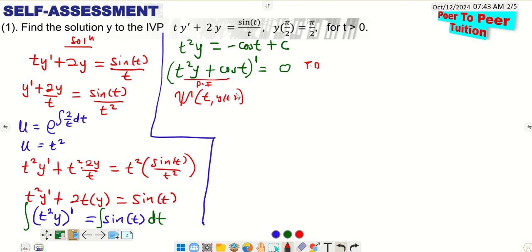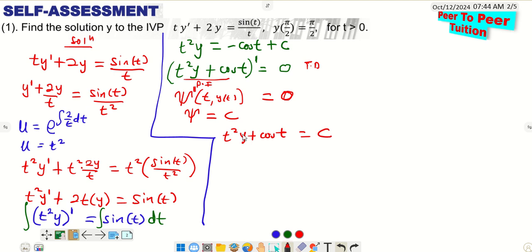It is always equal to a constant, but its derivative is 0. So the potential function t squared y plus cos t is equal to the constant c.